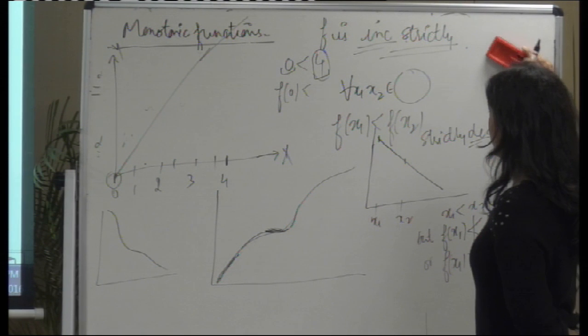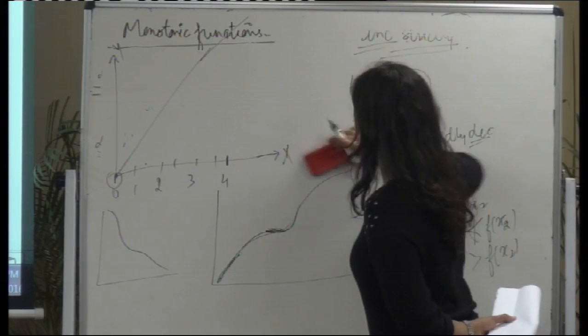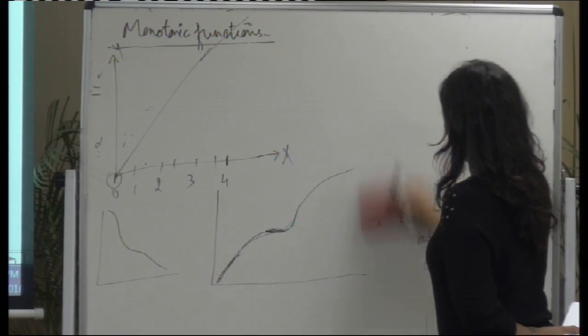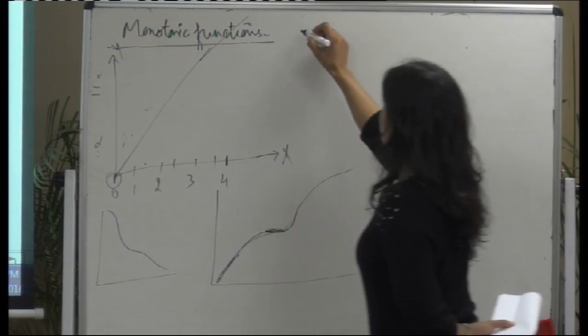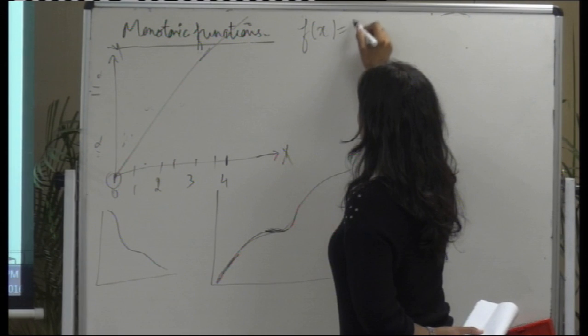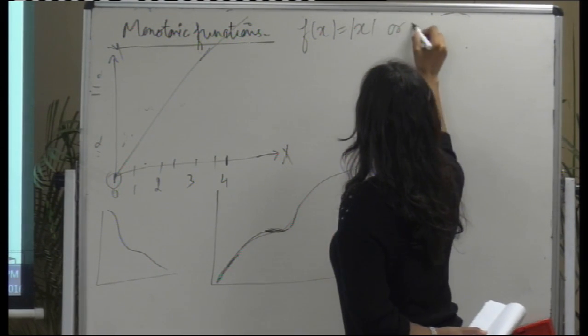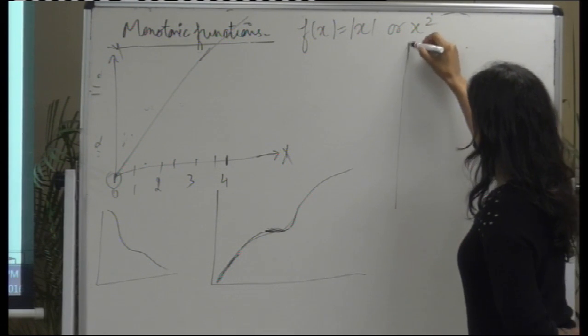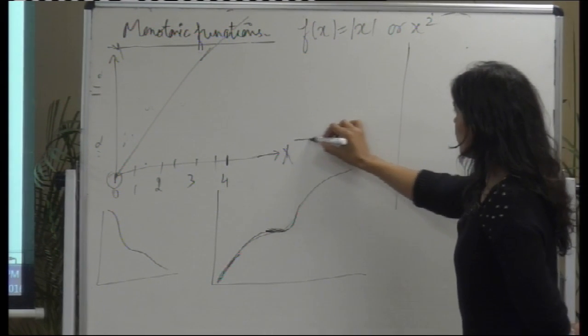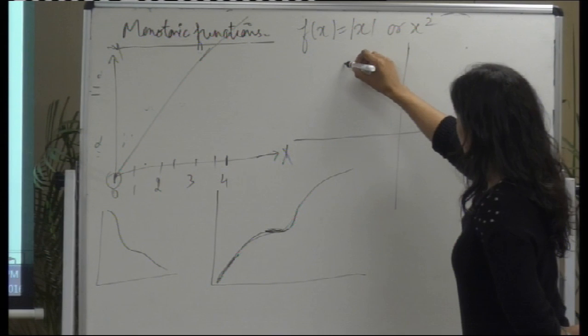I have the board. What about now, a very familiar question, I think you are used to this question. What about this question now? Y is equal to x square, the graph is this.